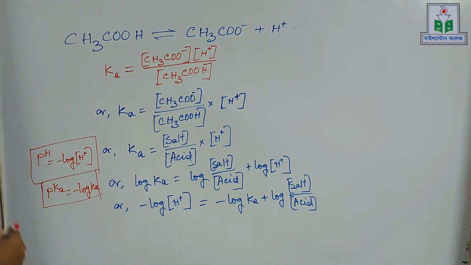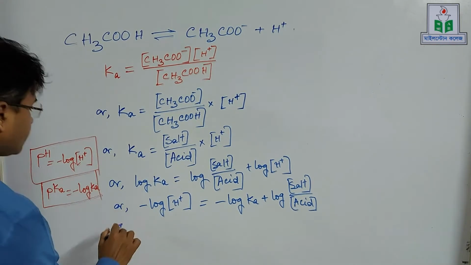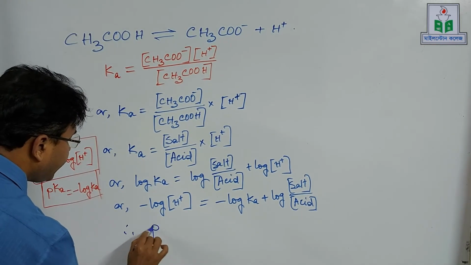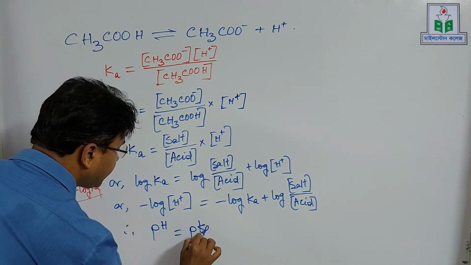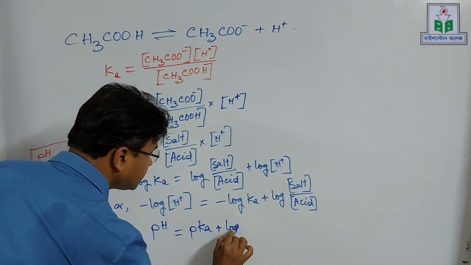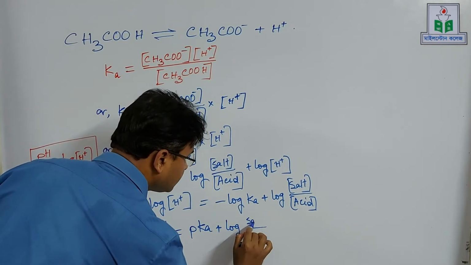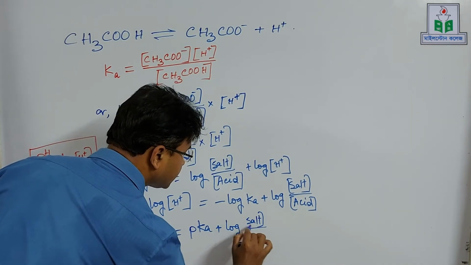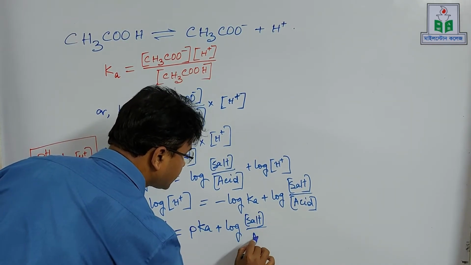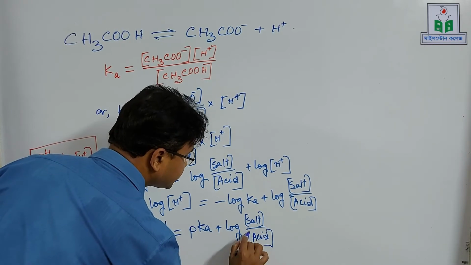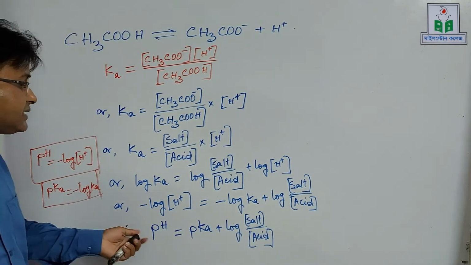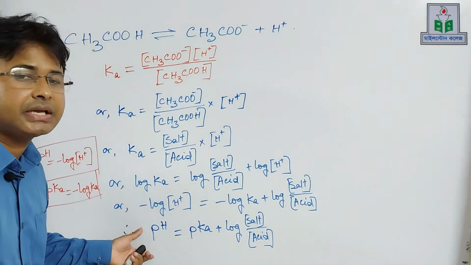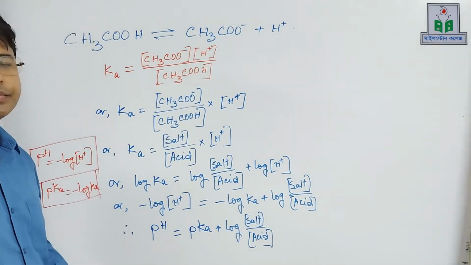From those two pieces of information, I can write here pH equals pKa plus log molar concentration of salt divided by molar concentration of acid. Through this equation we can calculate the pH value of acidic buffer solution.